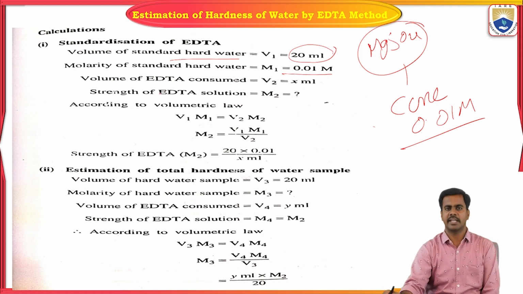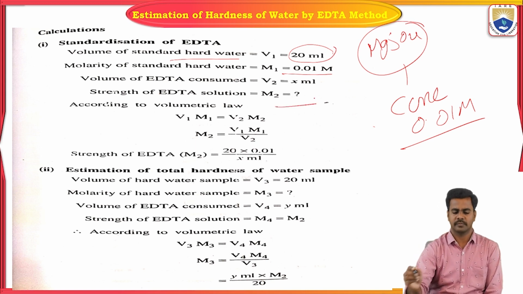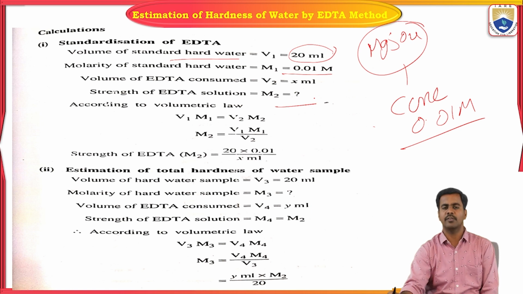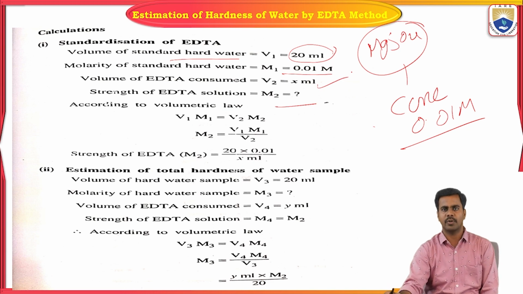Next, the strength of EDTA, that is M2, we don't know. We have to calculate it by using the simple molarity formula. The strength of EDTA solution is M2 and the volume of EDTA solution is V2. V2 is nothing but the burette reading, the amount of EDTA consumed to change color from wine red to blue, that is the end point of the titration.